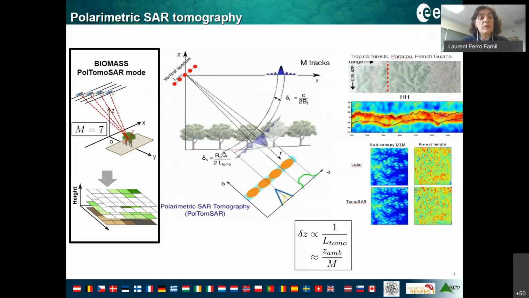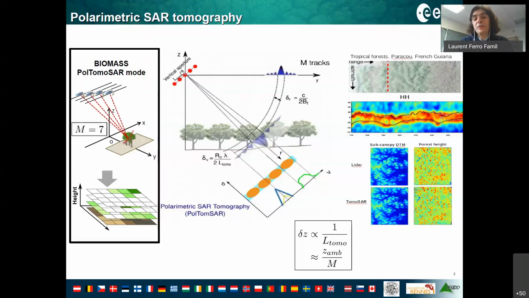How do you do so? On this schematic, the different acquisitions are represented under the synthetic form of an equivalent array, where you have the first acquisition, the second, the third, the fourth, the fifth. And here we represent what Stefano will take a lot of time to present after, the principle of tomography.